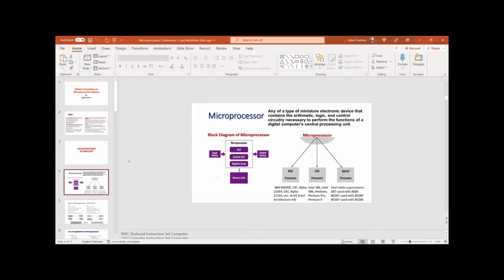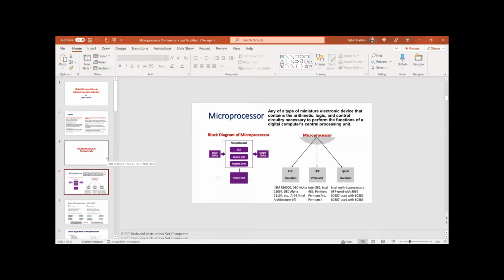It uses external memory, RAM and ROM both. Compared to that, a microcontroller is a self-contained unit which has both processing as well as memory. There are basically two types of microprocessor, RISC and CISC.